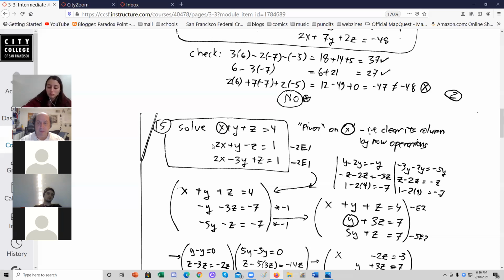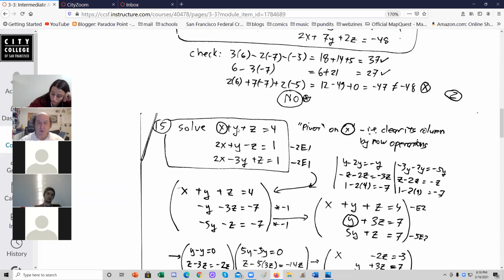Now, 2x minus twice x cancels. y minus twice y is negative y, so we put a negative y there. Negative z minus twice z is negative 3z, so we put a negative 3z there. And 1 minus twice 4 is negative 7. For the next one, 2x minus 2x cancels.